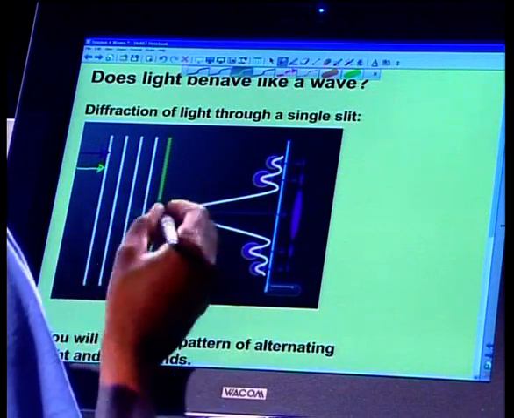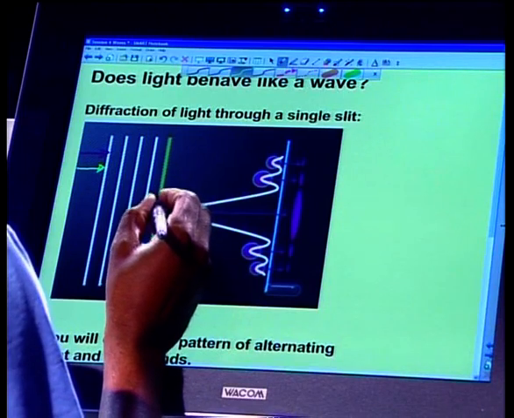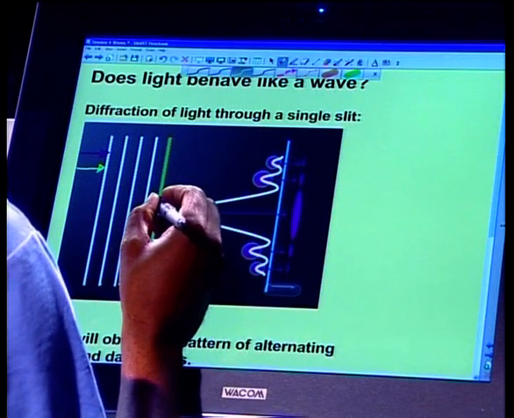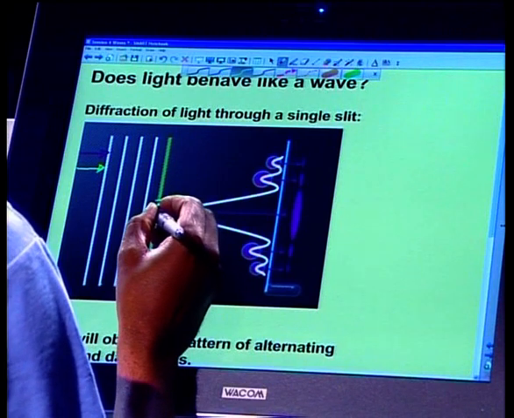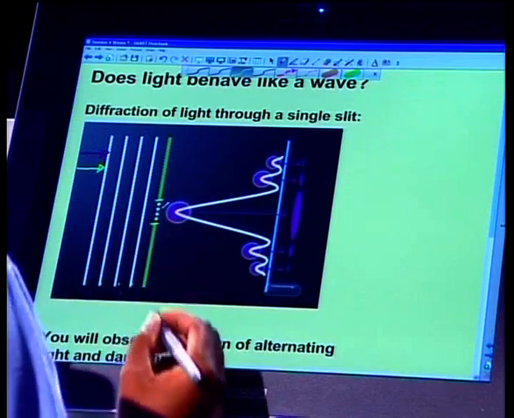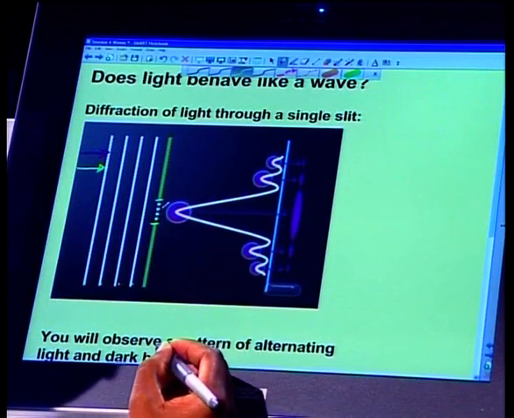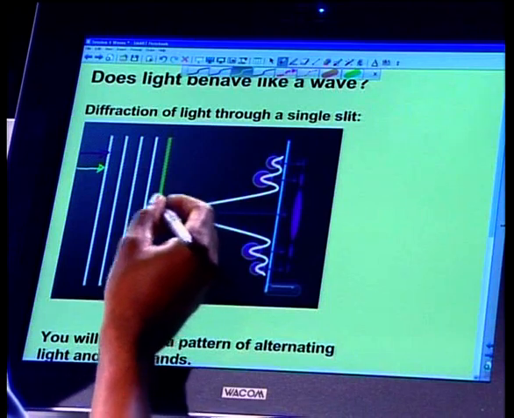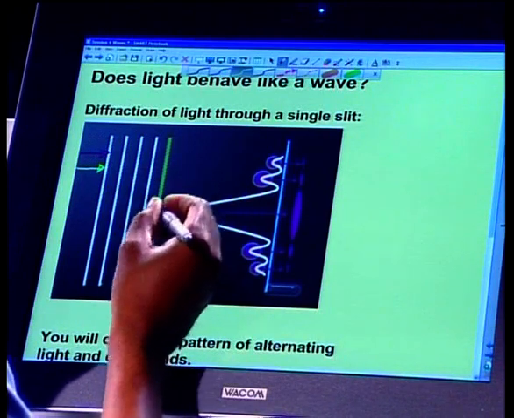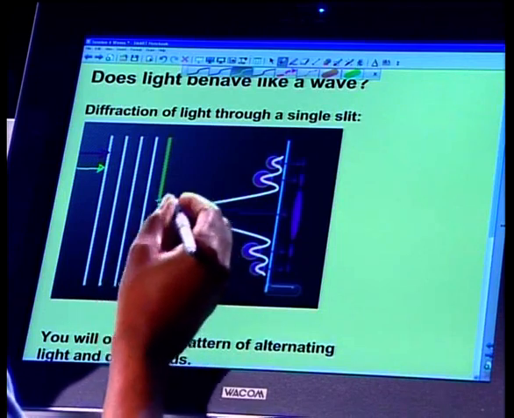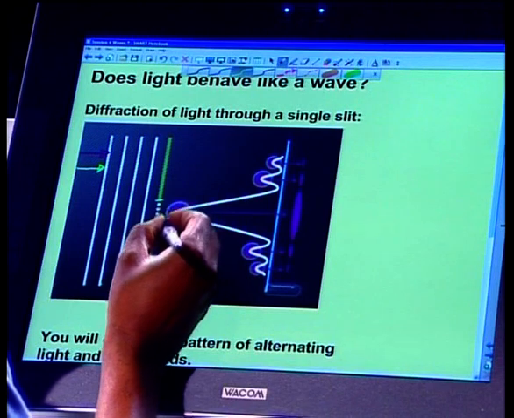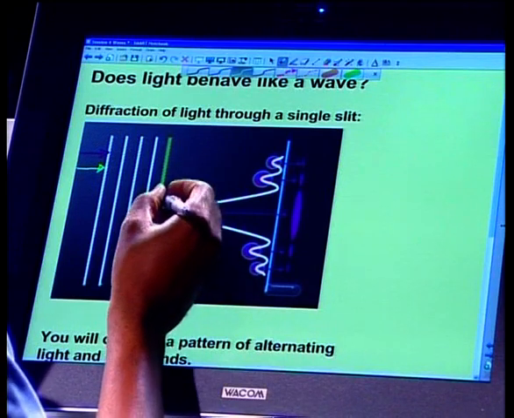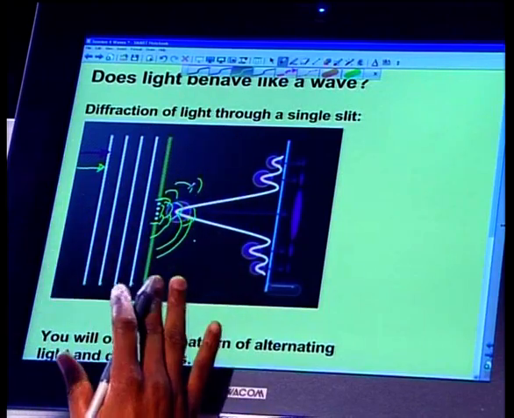When these wave fronts reach that slit, we know according to Huygens principle that every point along that wave front acts as a secondary source of wavelets. Those secondary sources are going to create spherical waves here. So we're going to have things like this happening from each wavelet.